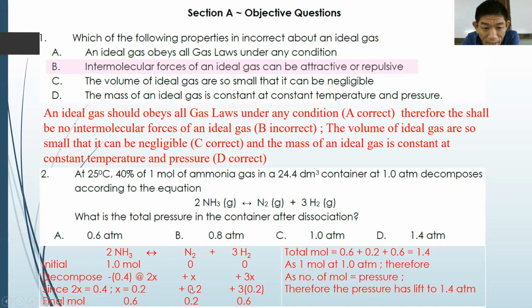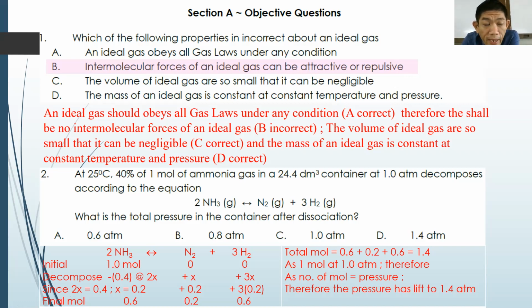Since nitrogen is only 1x, that is 0.2, and hydrogen is 3x, therefore 0.6. At equilibrium, the final mole of ammonia is 0.6, nitrogen is 0.2, and hydrogen is 0.6. So total mole will be 0.6 plus 0.2 plus 0.6, which is 1.4. Therefore, at 1.0 atmosphere, the number of moles equals the total pressure, so the pressure has become 1.4 atmosphere. The answer here is D.